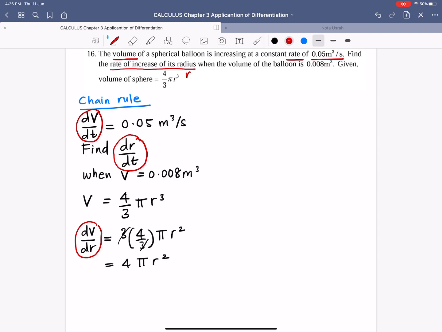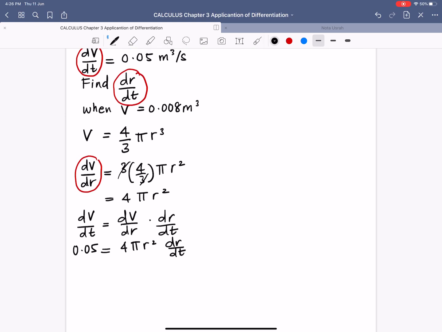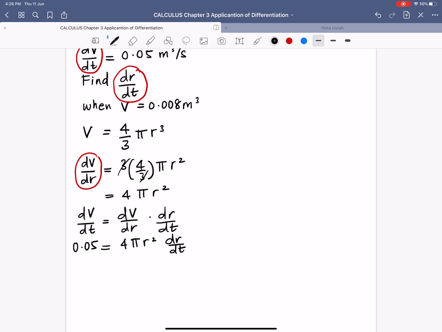We have dV/dr is 4 pi r square, and dV/dt is 0.05, and dr/dt is the one that we want to find.